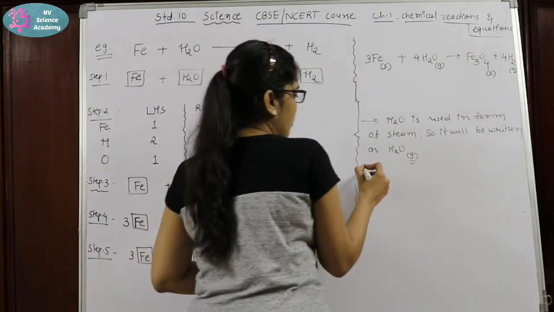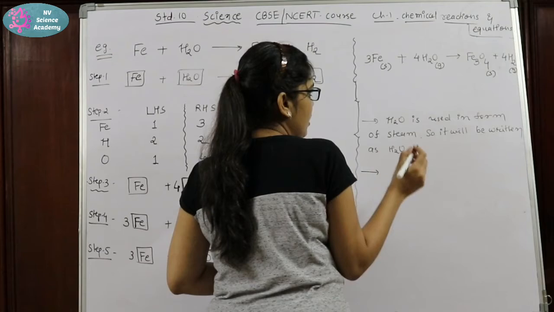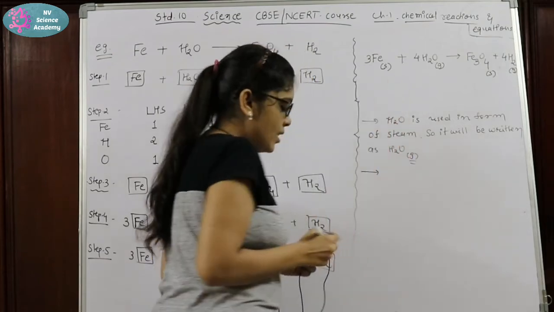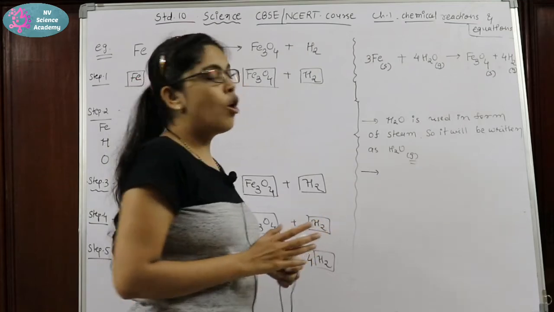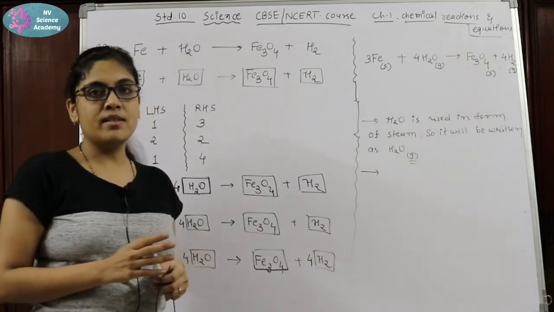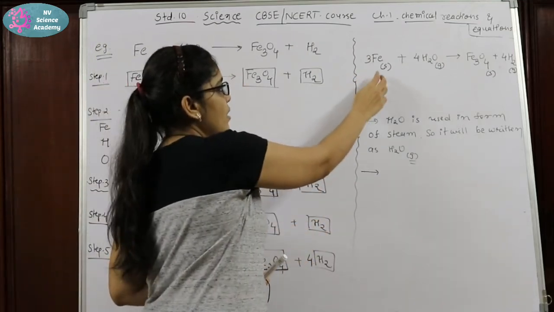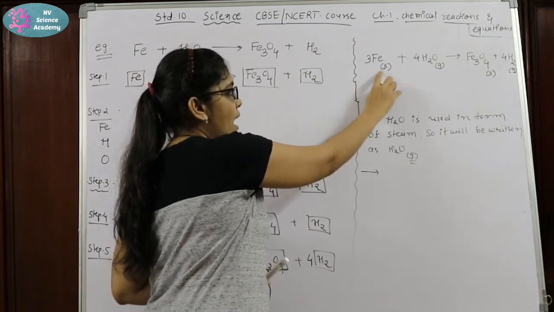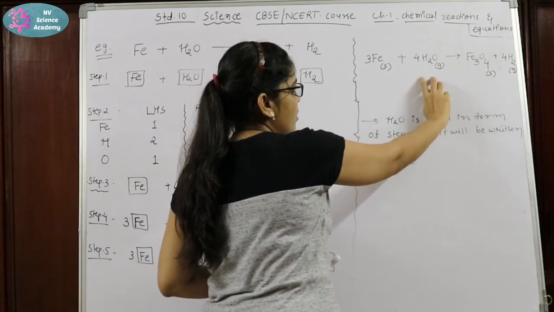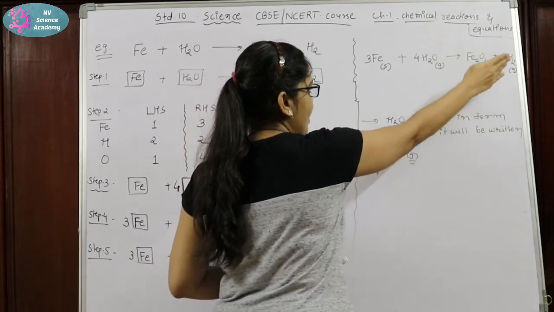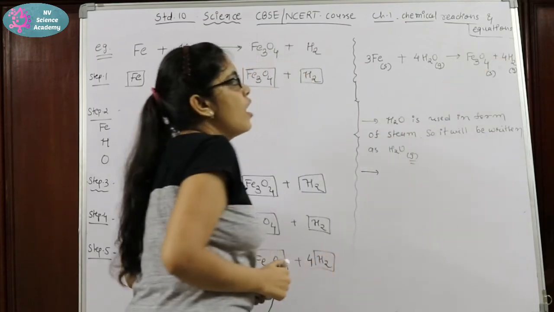Here I will give you a little information: this equation shows the formation of rust in humid conditions. You can see here iron, Fe, reacts with water, and it gives iron oxide and produces hydrogen gas.